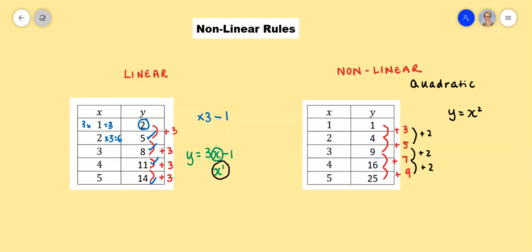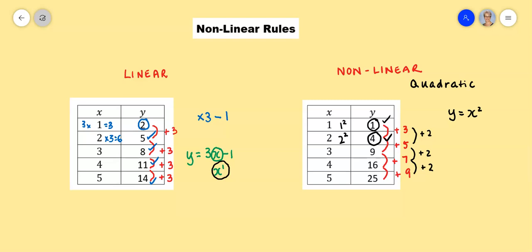Now, the first thing you should do when you see a table like this is to check whether y is equal to x squared is the rule. So, when x is equal to 1, 1 squared is equal to 1. That's correct. When x is equal to 2, 2 squared is equal to 4.